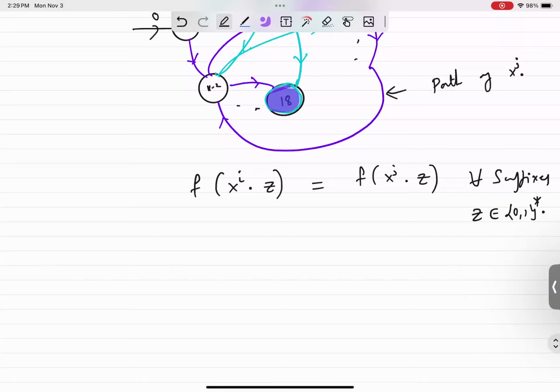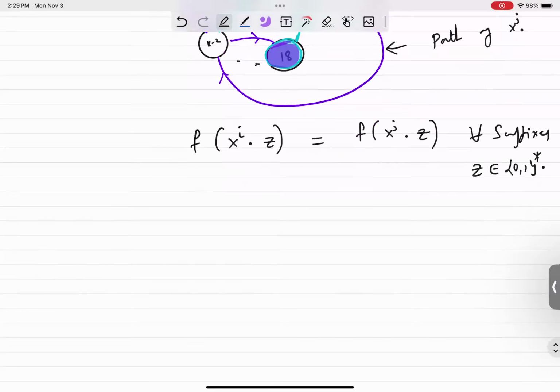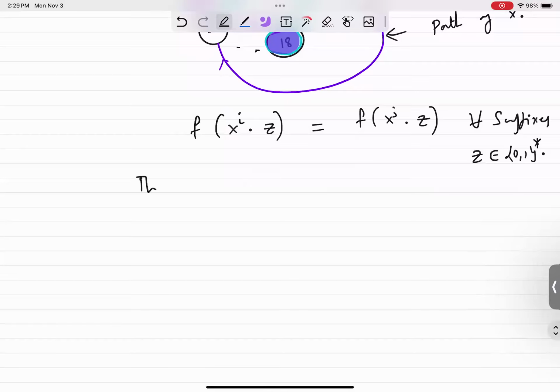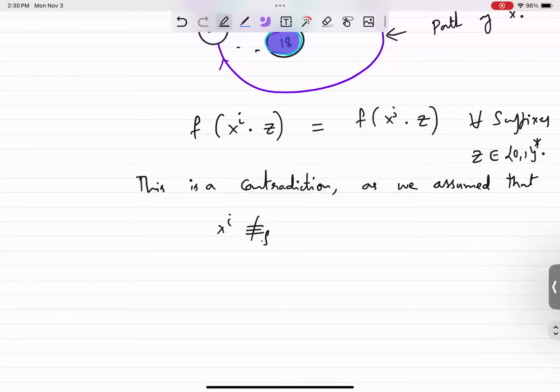Okay. Any questions about this? Right. So, this is a contradiction, as we assumed that xi is not equivalent to xj under f.